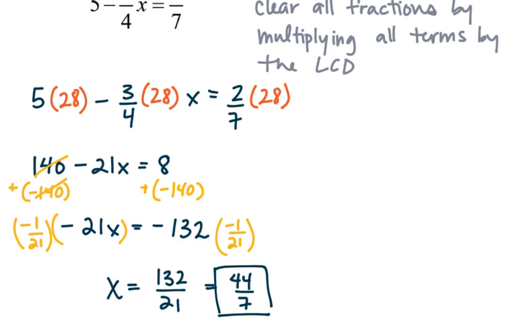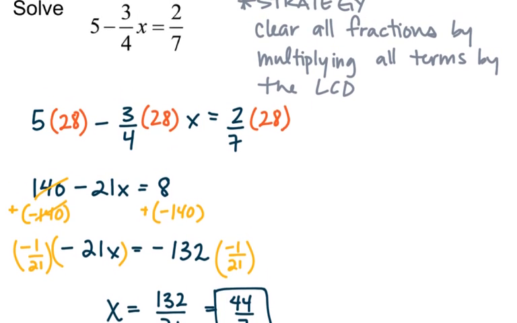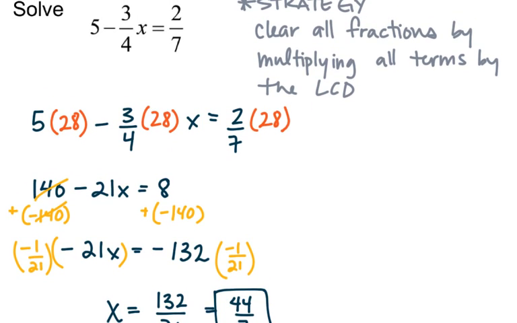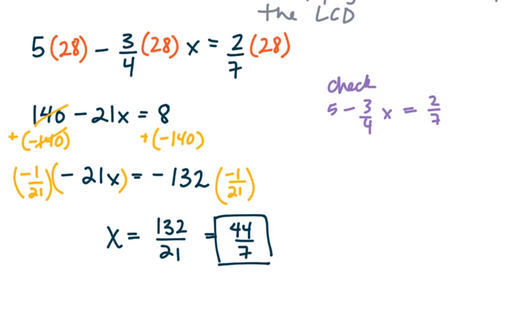You should always check. The easiest way to check would be to take that original equation, 5 minus 3/4 x equals 2/7, and plug this fraction right in there.